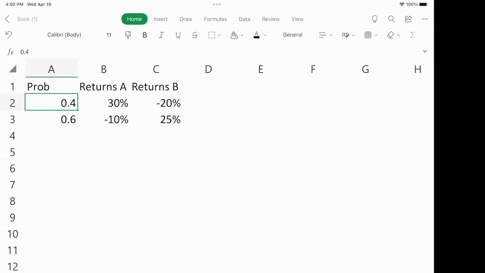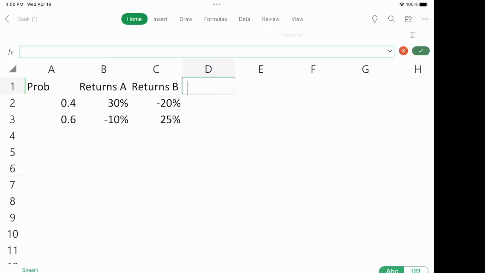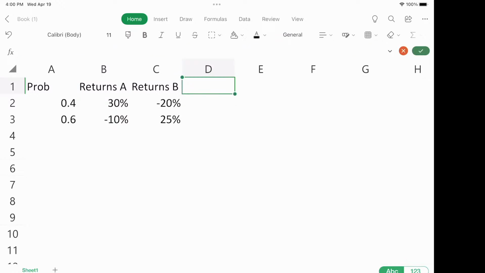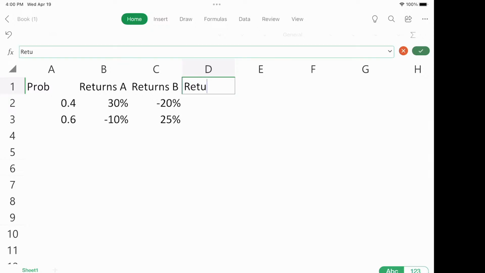So what I want to do to get the covariance is get the deviation from the mean of each. So I take the return on A minus the average return.